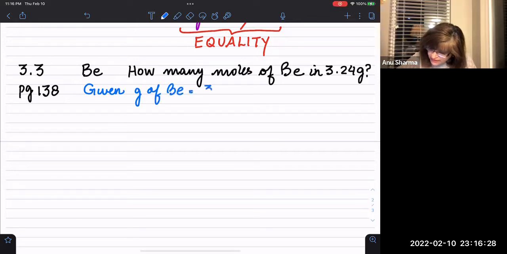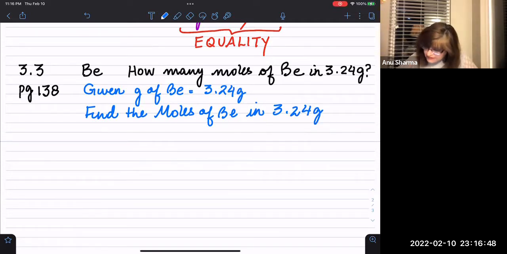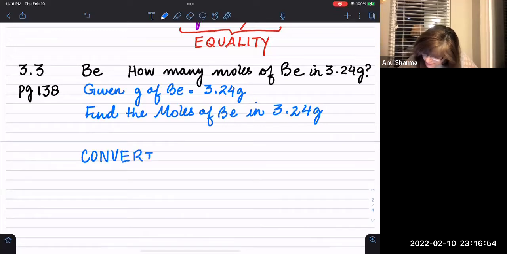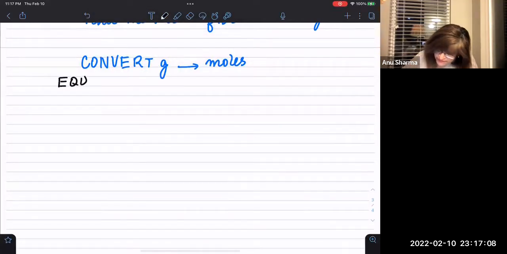and that is 3.24. And you need to find the moles of beryllium in 3.24 grams. So in other words, convert the grams to moles. Here's something that you need to know, the equality. What is the equality?